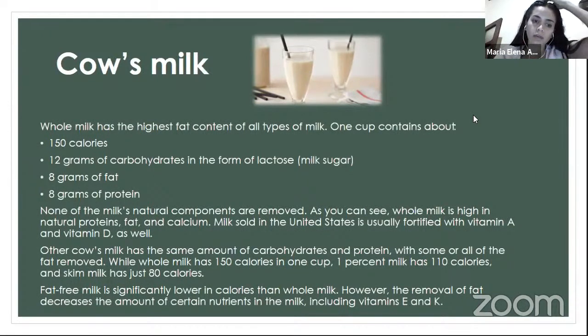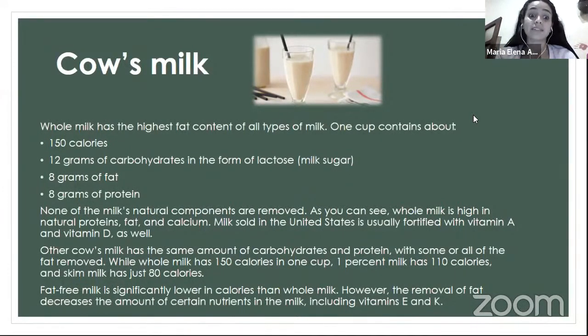Whole milk has 150 calories in 1 cup, 1% milk has 110 calories, and skim milk has just 80 calories. This is important to know when we are deciding which milk to buy.